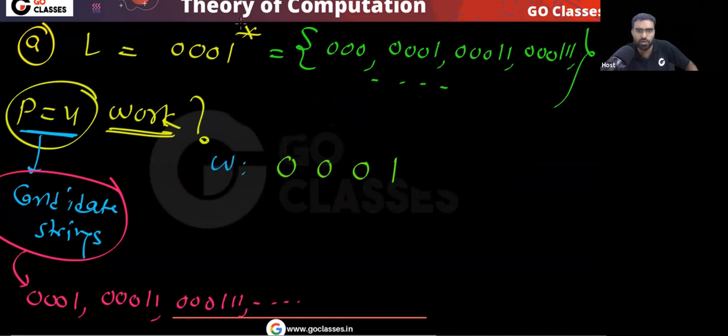If I take W equal to 0001, in which area will you find Y? In the first four symbols.